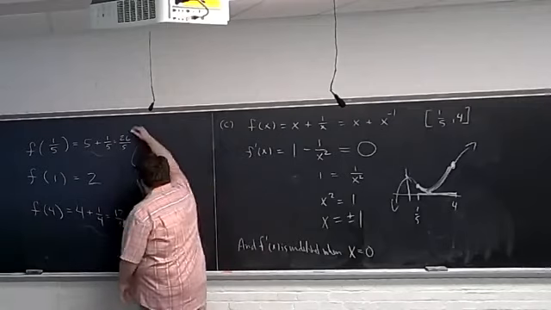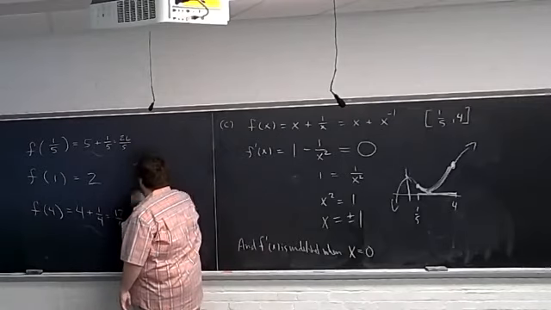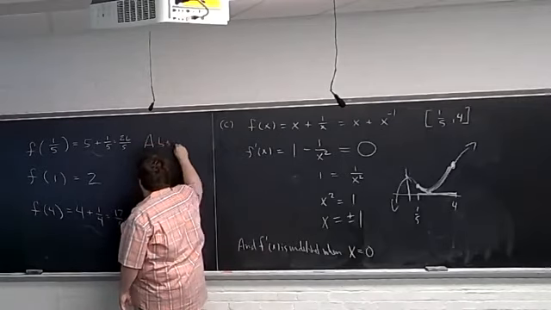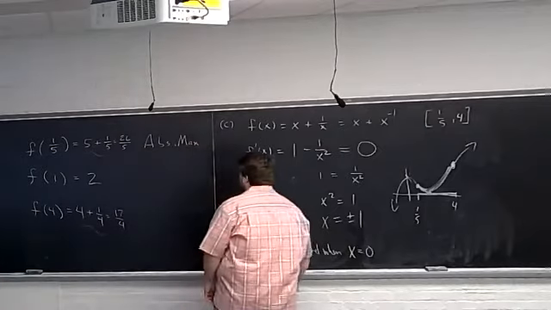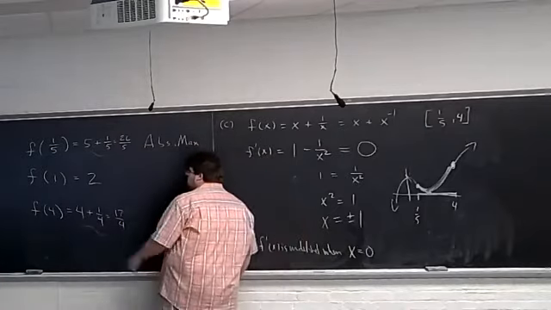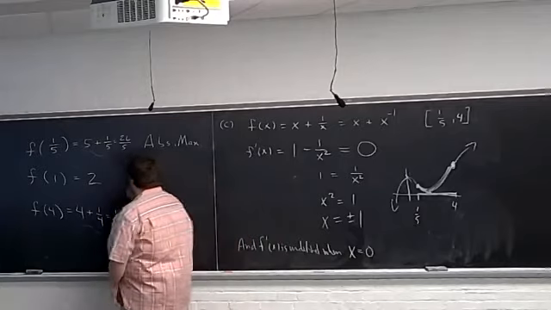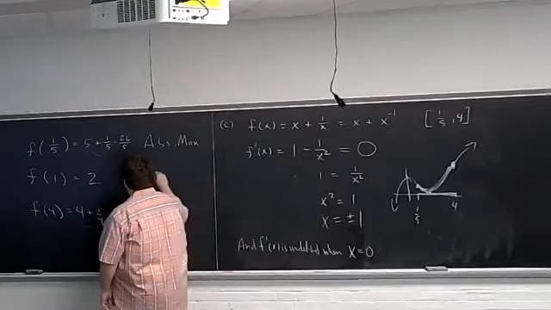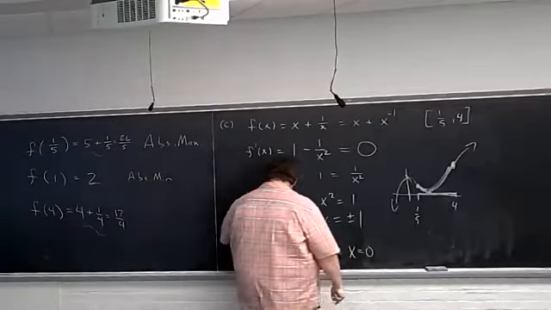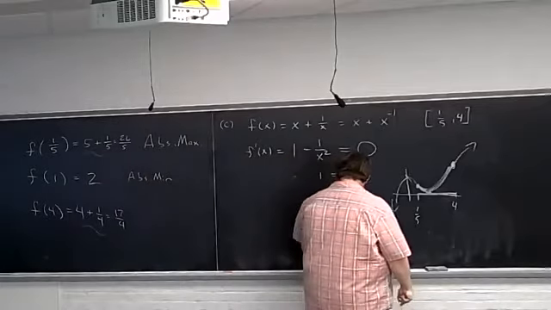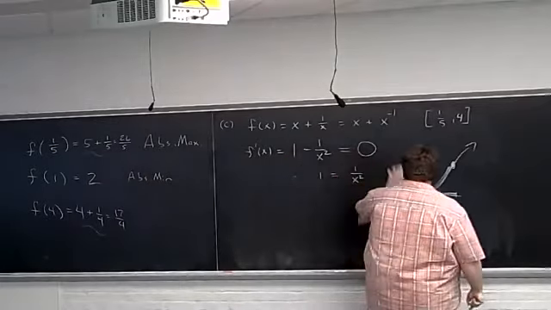So here we have the absolute maximum value, 26/5, occurring at x equals 1/5, and the smallest, well, 2 is less than the other one. So here we have the absolute minimum occurring when x equals 1.